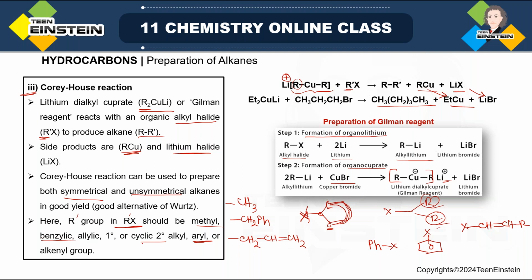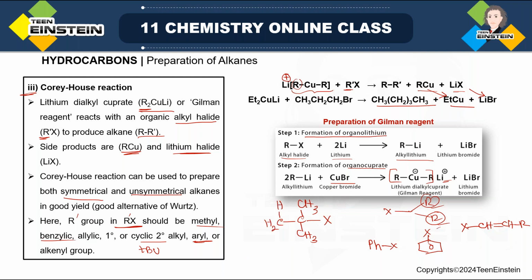But if you take tertiary butyl group, that will create a problem. So what is the problem that we will face if you take tertiary butyl group? In the previous case also we have seen if you take tertiary butyl halogen, we face some problem. So suppose I have taken a 3-methyl group with some halogen, and this methyl group I am writing like this.